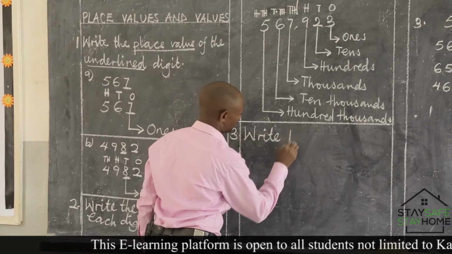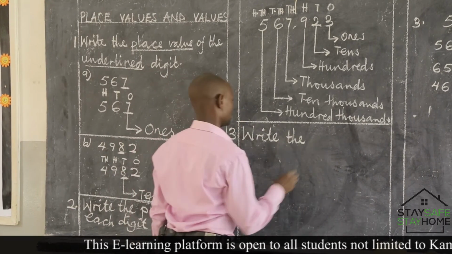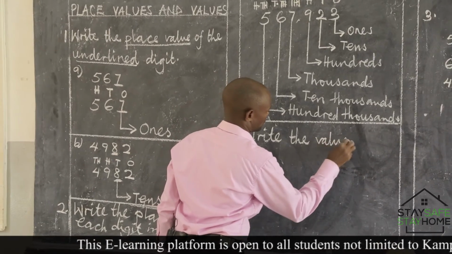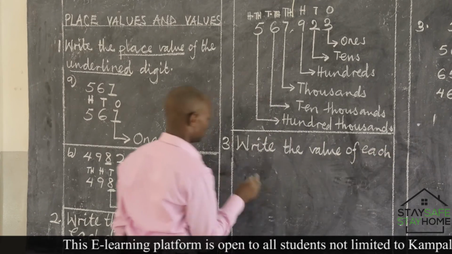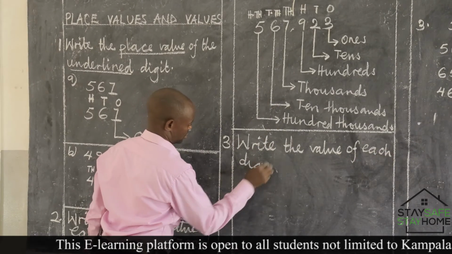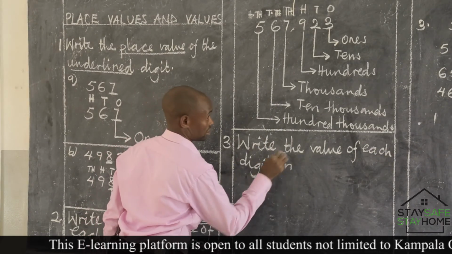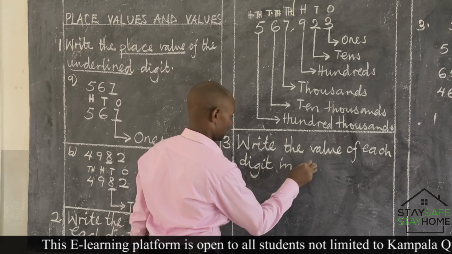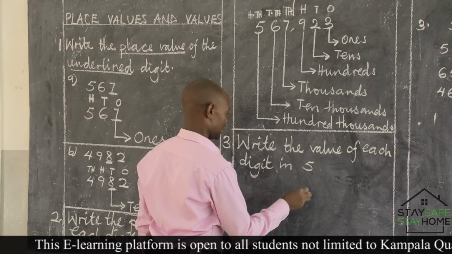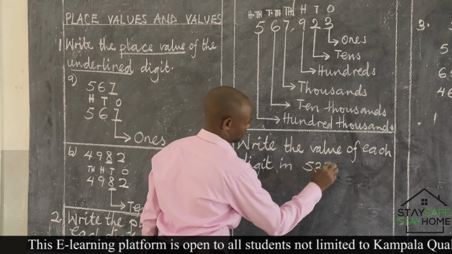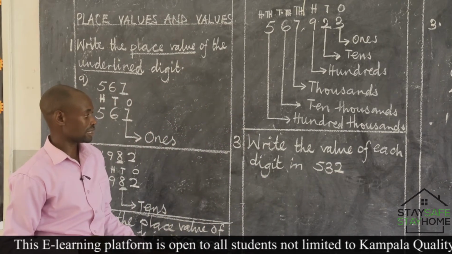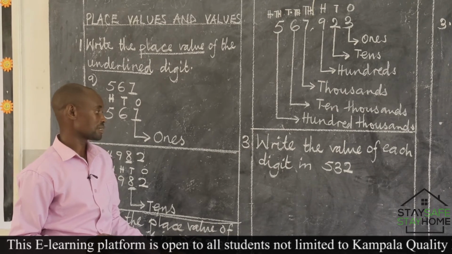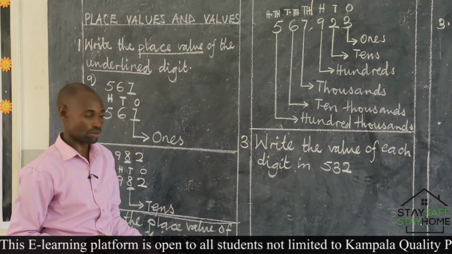Example 3: write the value of each digit in 532.